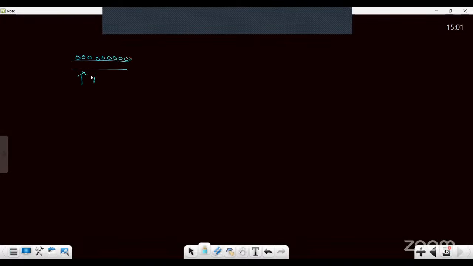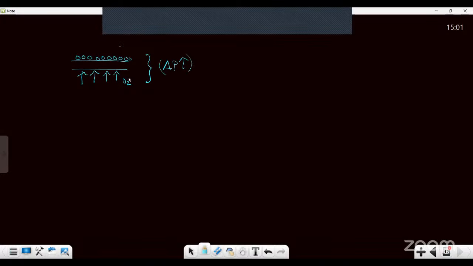Once you start blowing the oxygen, what will this oxygen do? This oxygen will increase the pressure difference, del P, because this side is at high pressure, but here there is less oxygen, so this is at low pressure. The more you blow the oxygen, initially the pressure difference will increase.